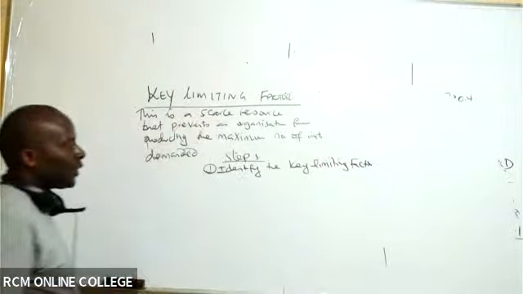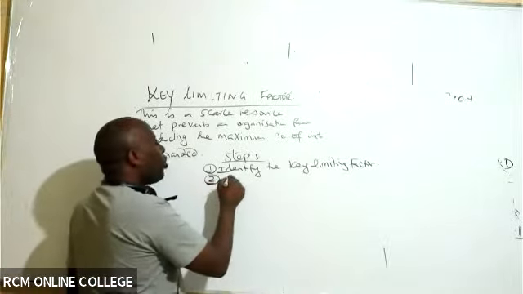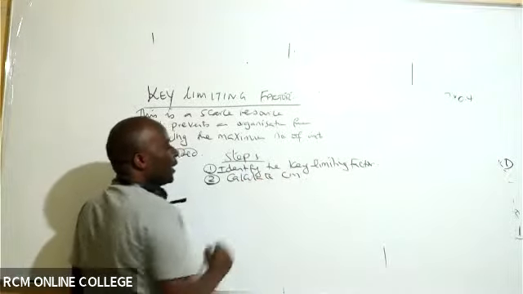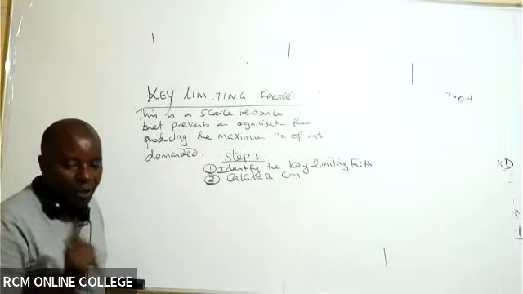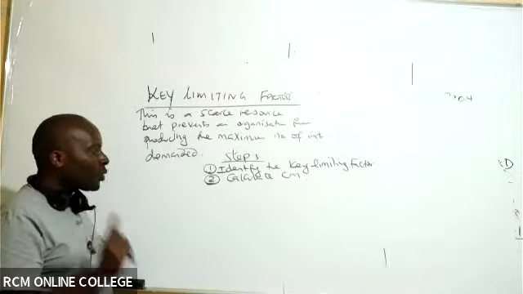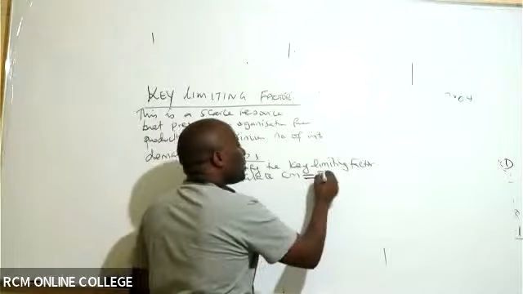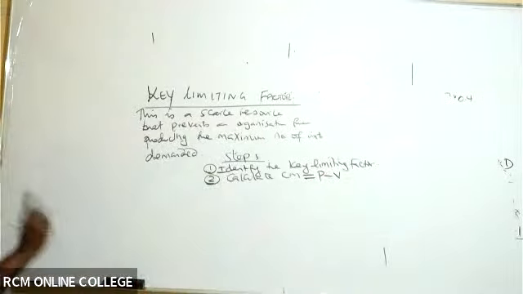Once you've identified it, number two, go ahead and calculate CM. CM stands for contribution margin, which we normally get by taking price minus variable cost.